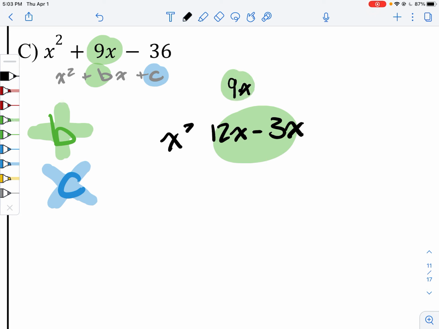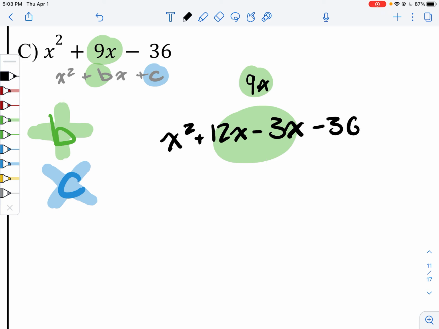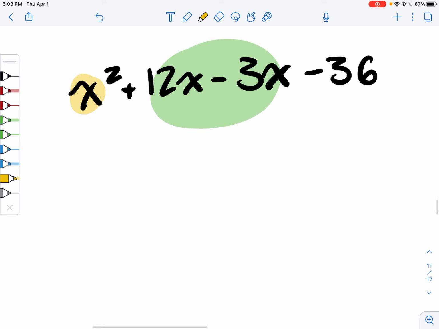So we have x squared plus 9x, which is really 12x minus 3x, minus 36. And now we can undistribute something. What do these two have in common? Well, these two terms have an x in common, so I can undistribute out that x.